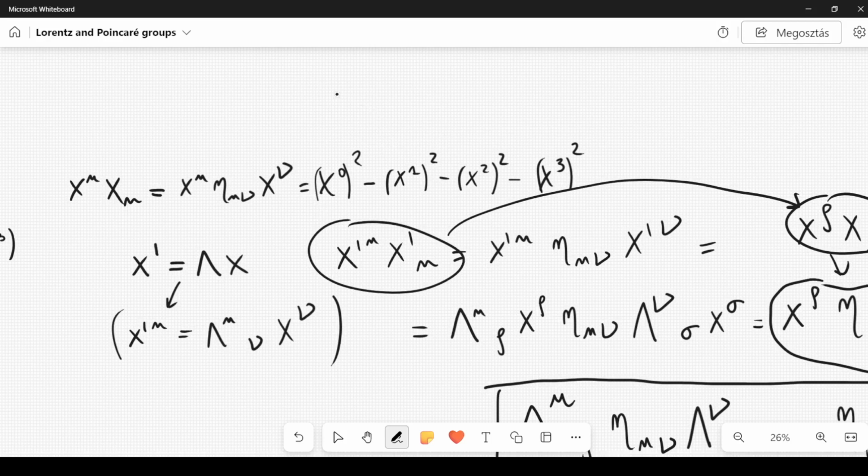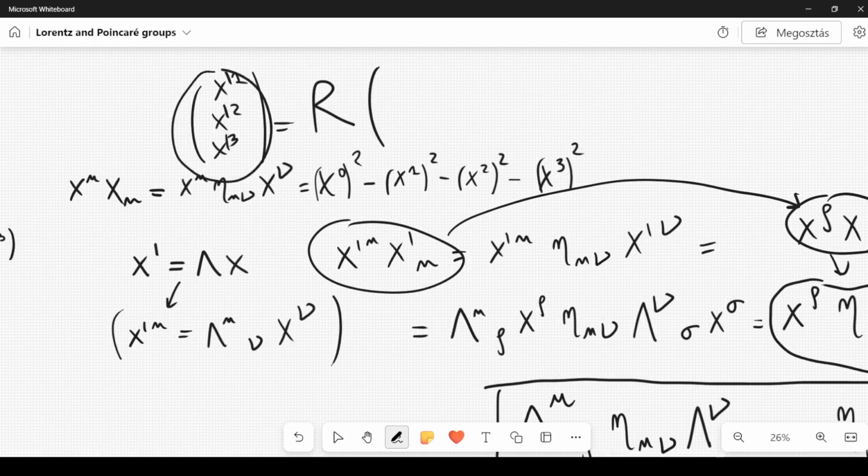For example, if we change the three components x1, x2, x3 with a certain rotation matrix, let's define this as x prime 1, x prime 2, and x prime 3, we rotate these three components.